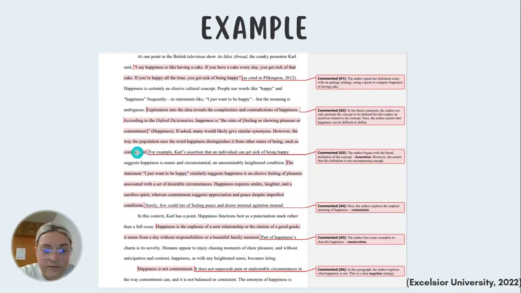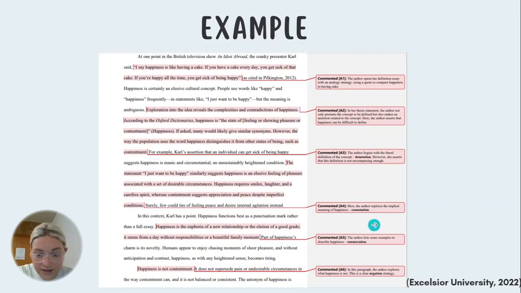So they say exploration and the ideas reveal the complexity and contradictions of happiness. According to Oxford Dictionary, happiness is and so on. That would be denotation. And that is how they began their introduction paragraph, which I think is extremely important, to lay the table and just state exactly what you're going to be talking about.